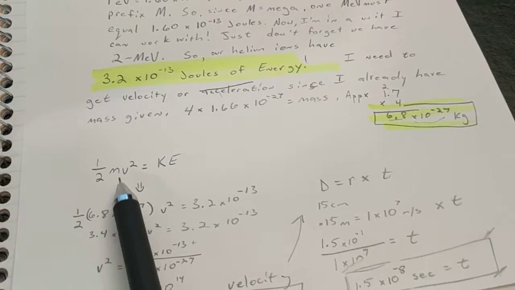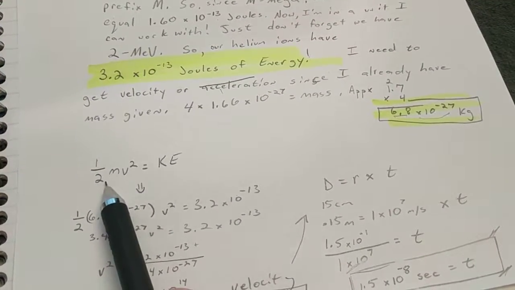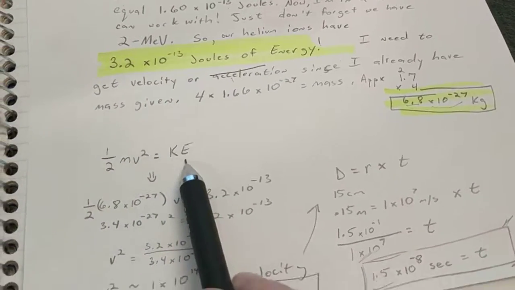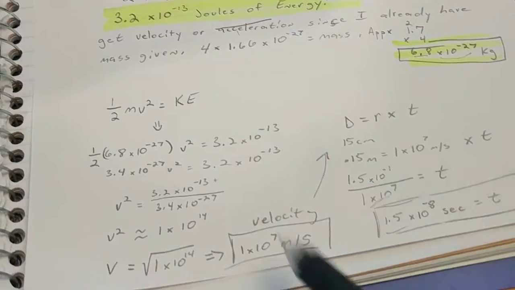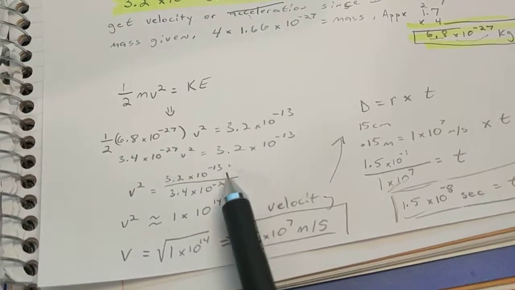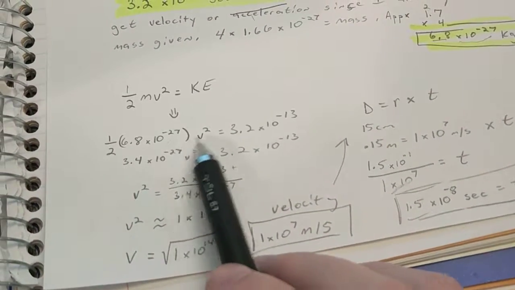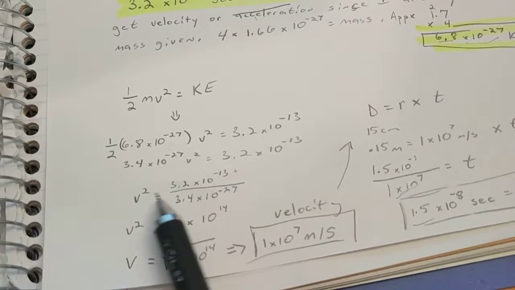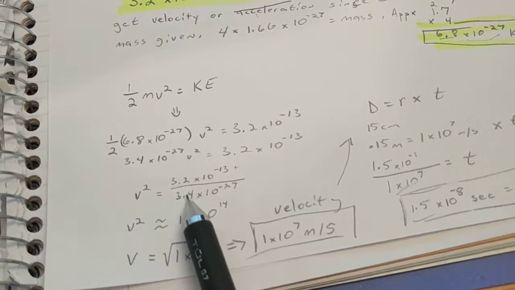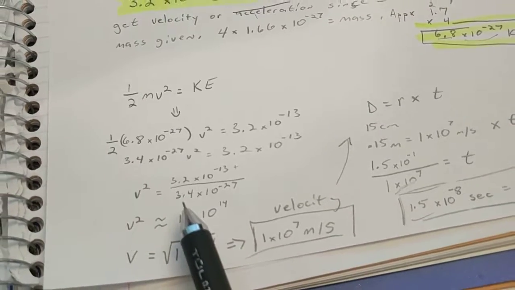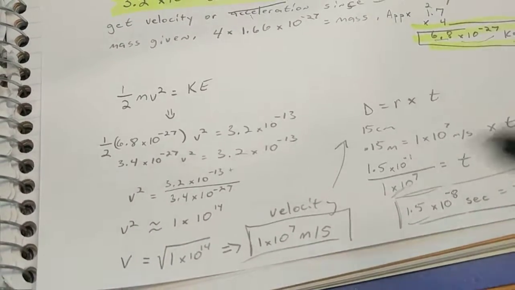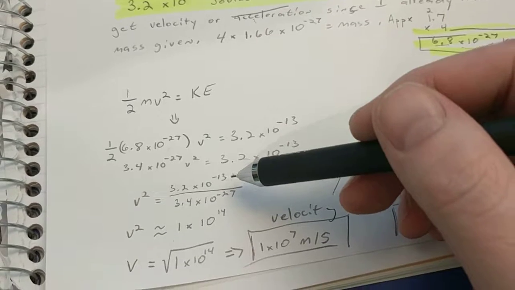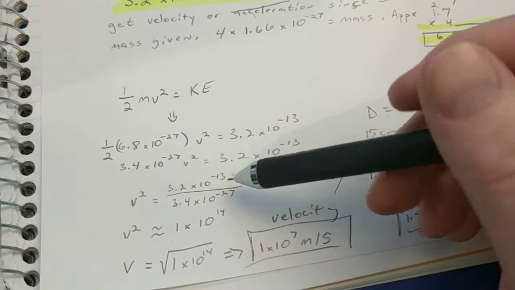So now I have 1/2, I have the mass, and I have the kinetic energy from up above. So now all it is is plug and chug. What's interesting is when you round like that, you end up with these two numbers, put them over top of each other. Well, for the MCAT, that's close enough to 1 for me, especially since the answers that they give us have different orders of magnitude.